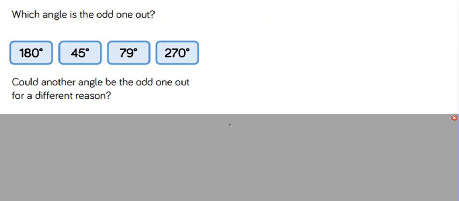So if you put whichever angle you think is the odd one out and explain why. But just be careful with your explanation. There are many possible explanations, but just make sure that it is plausible. Then it says, could another angle be the odd one out for a different reason? So then you've got to find a different angle that's odd and explain why. So pause the video now and have a go.